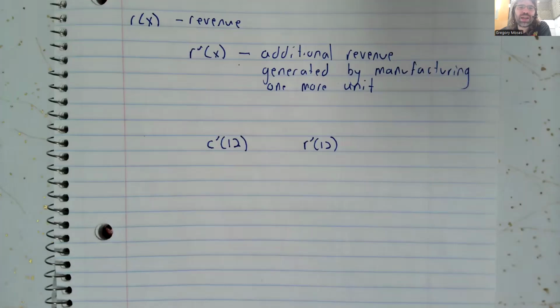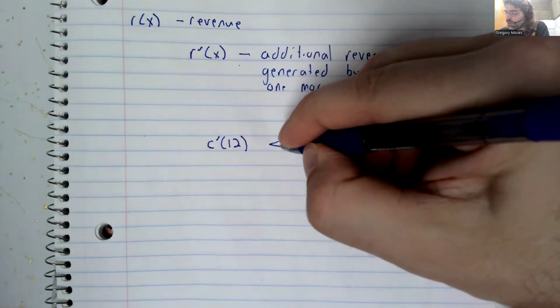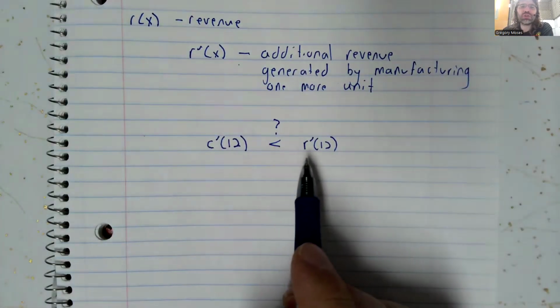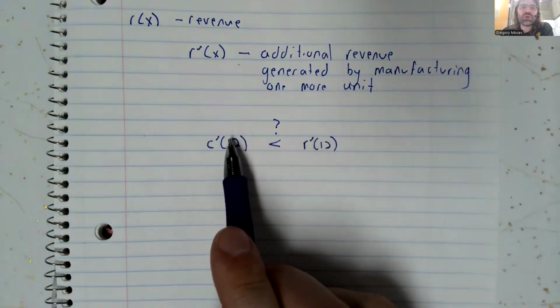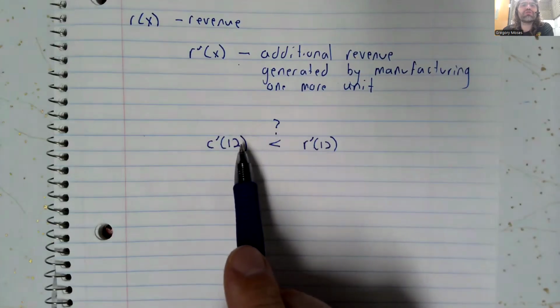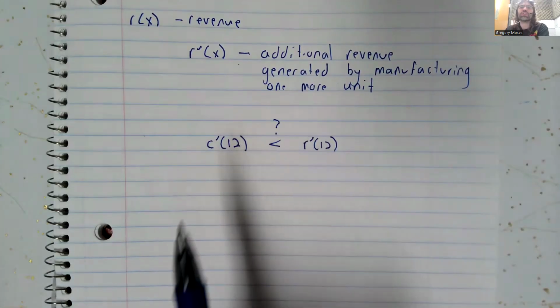Should you manufacture an additional unit? You would want the additional revenue you get to be greater than the additional cost you accrue. So you'd want R prime of 12 to be greater than C prime of 12.